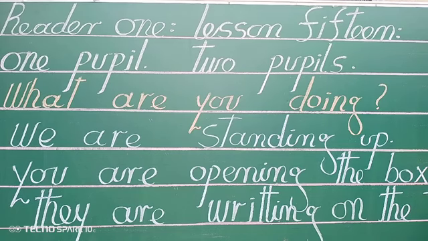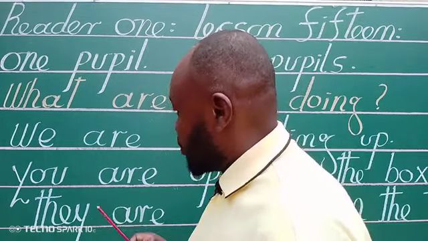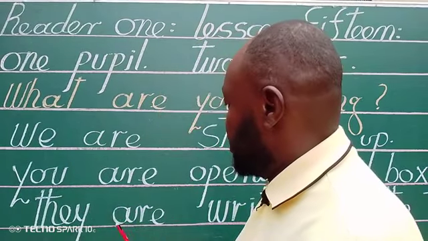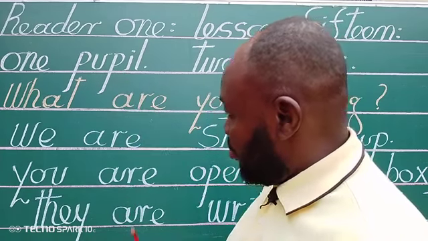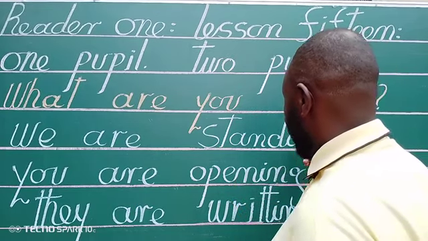Here, we knew how to distinguish between the third person pronouns and the first person pronouns, which are used with the singular. If you're asking one person, what are you doing?